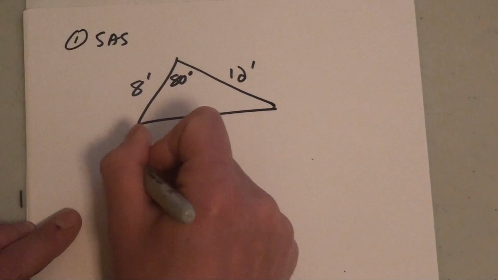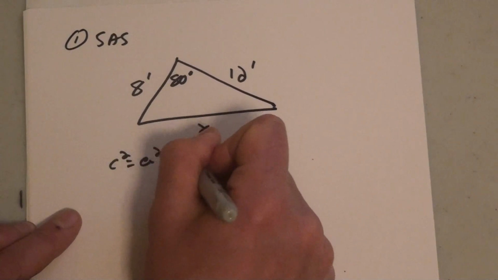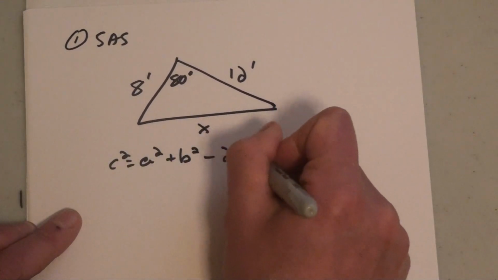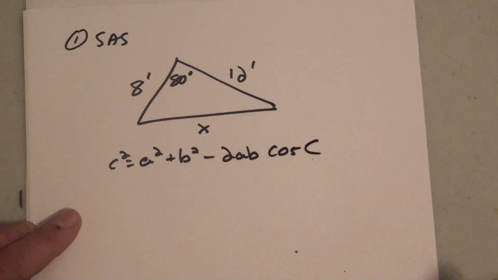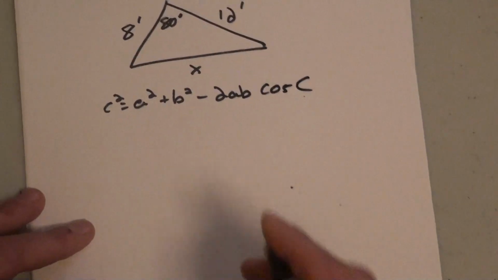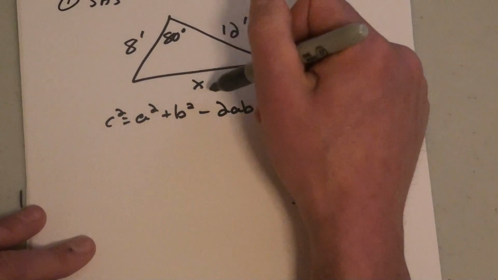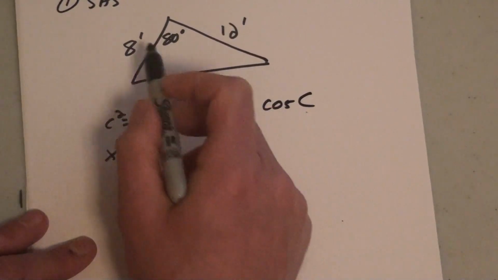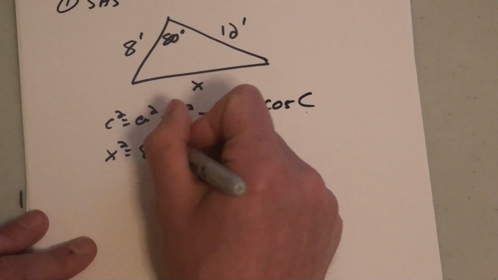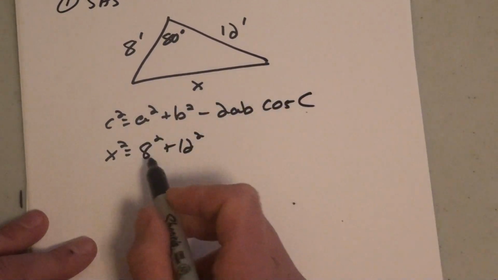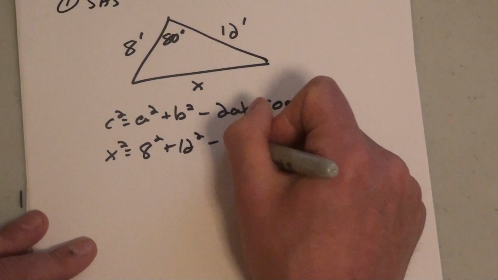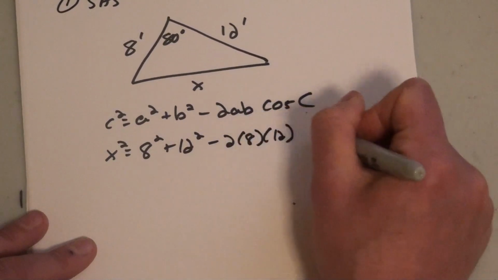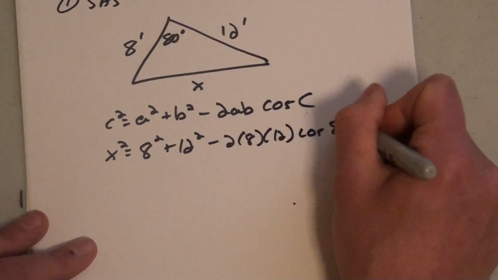The formula c squared equals a squared plus b squared minus 2ab cos c will apply, and I fill it in. Again, the only things that matter are your angle and your length being opposite each other. So it's going to go x squared equals 8 squared plus 12 squared, the order does not matter for the a's and b's, minus 2 times 8 times 12 cos angle c.